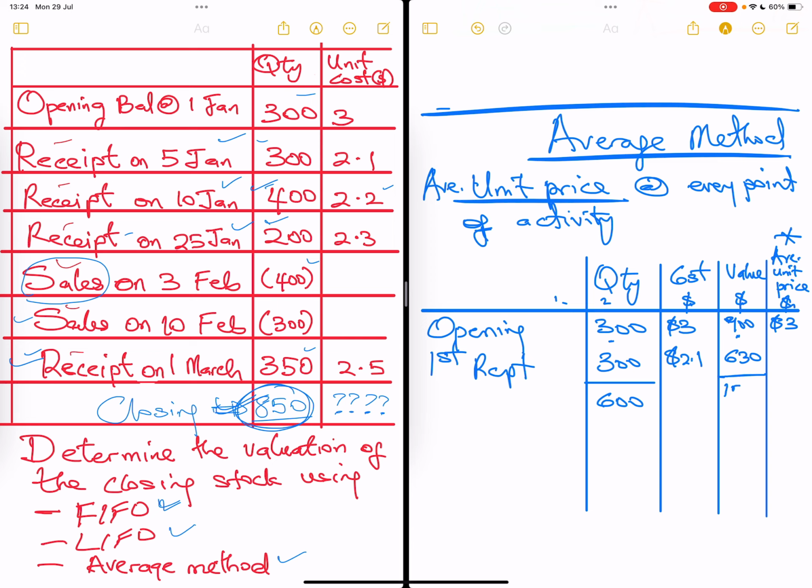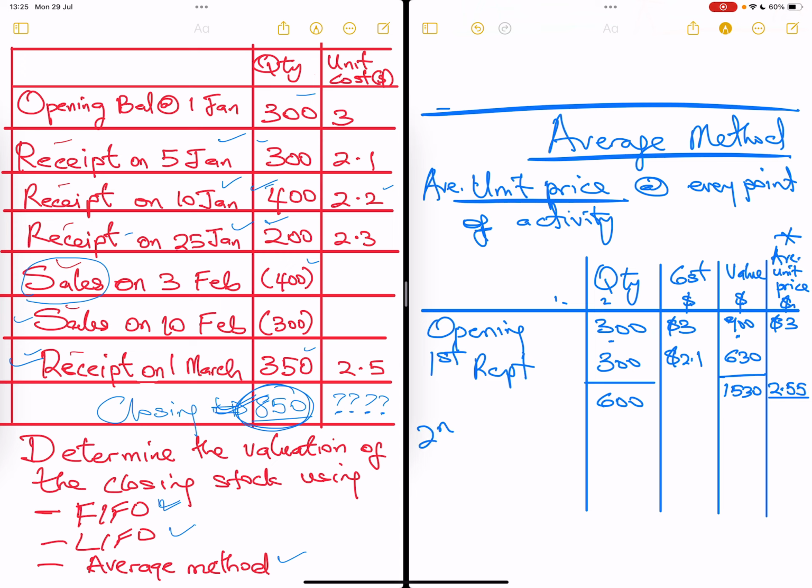However, the value is 1530. So that's the end of the activity. In that case, we need to determine our weighted average price, and that will be 1530 divided by 600, and that is 2.55. So you can see where this is slightly different. So that's the unit price.